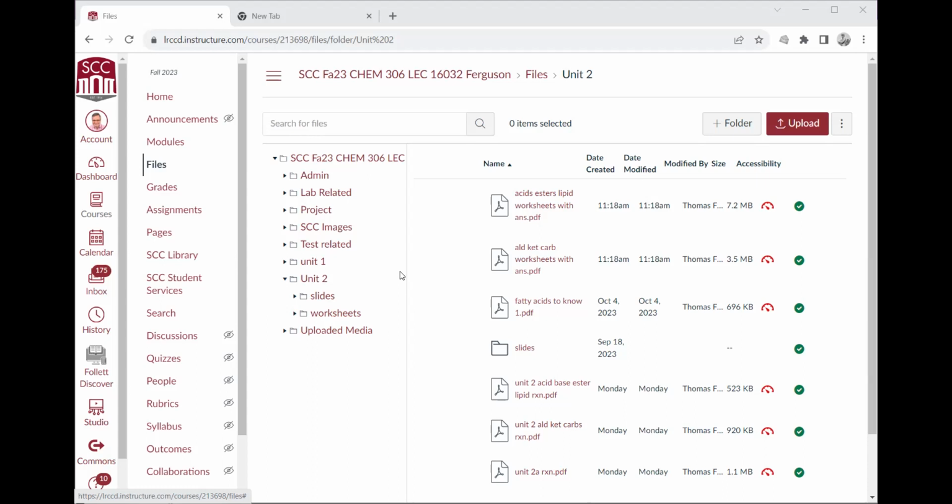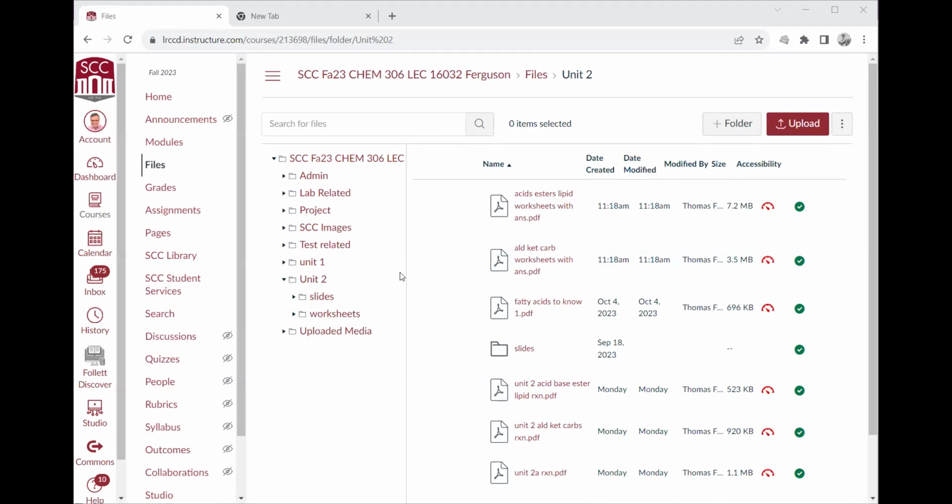What's it called? This first one right here. Oh, okay. I think I found it. Thank you. And then there's one right underneath it that hits carbs and aldehydes, ketones as well. So those two would be really good worksheets to go through for studying for next week.